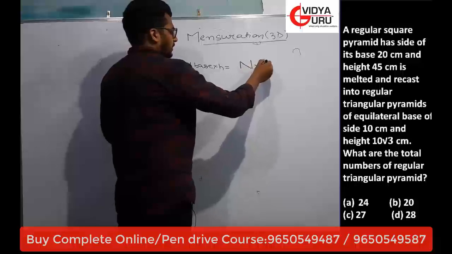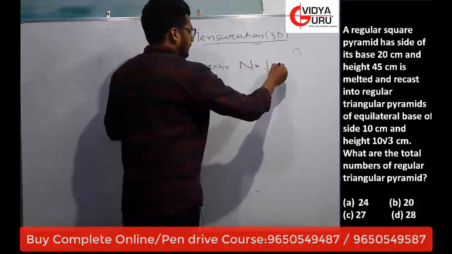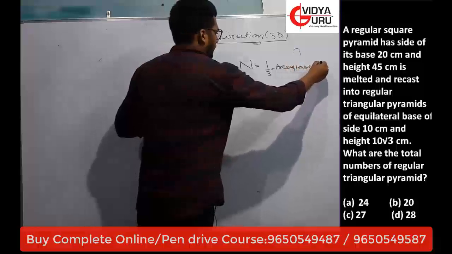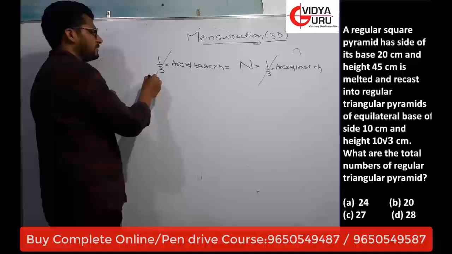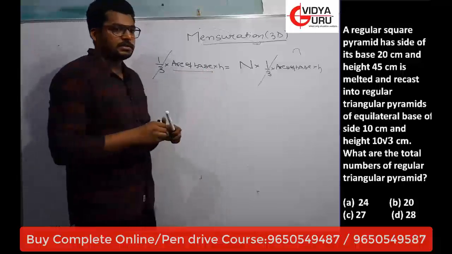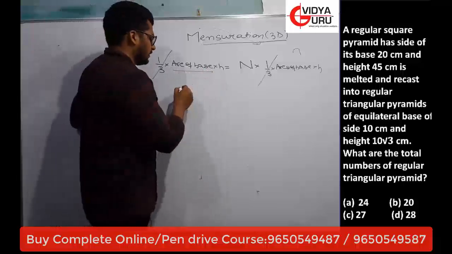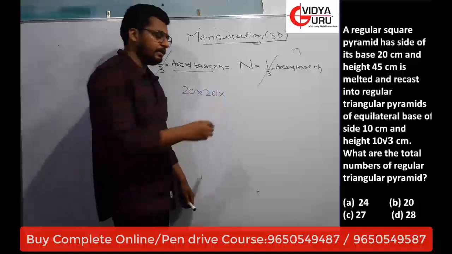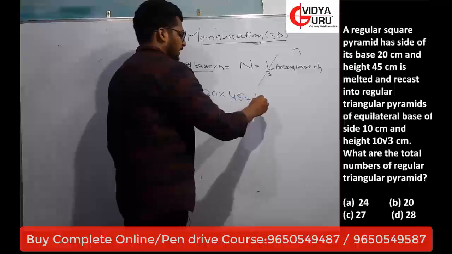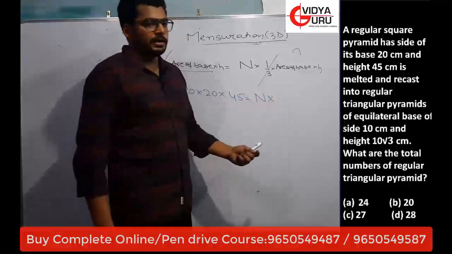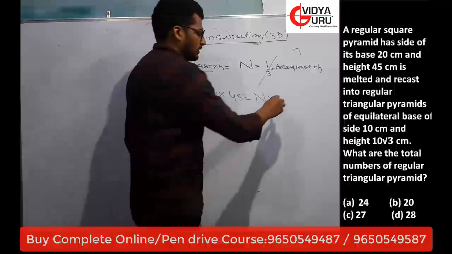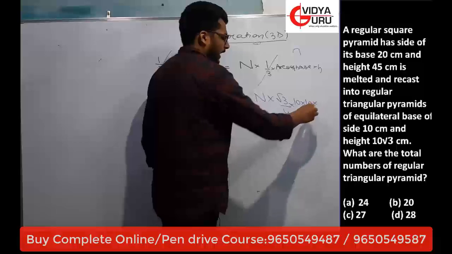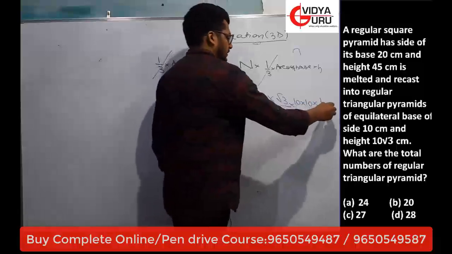Let n be formed, and what will be the area? 1 upon 3 area of base into height. This 1 by 3 will be cancelled. Here the area of the base is a square, so the area will be 20 into 20, and what will be its height? Height will be 45. Now let n be formed. This is an equilateral triangle, its area will be root 3 by 4 side square, 10 into 10, and the height is given 10 root 3.